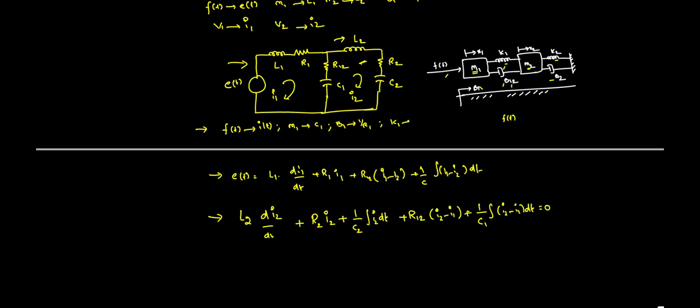Now K1 is 1 by L1. Similarly K2 is 1 by L2, B2 is 1 by R2, M2 is C2, B12 is 1 by R12. Here the velocity is V1 and the velocity is V2 and all those things. So here also you can replicate the same thing.